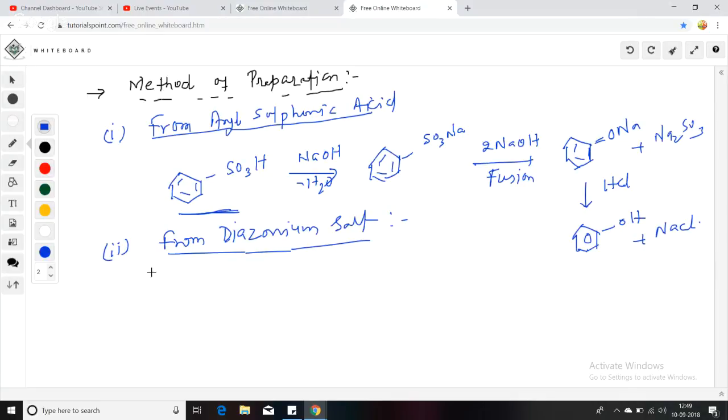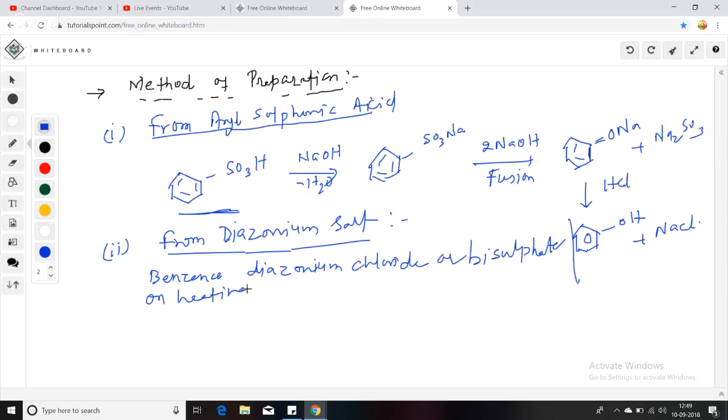So we can use benzene diazonium chloride or bisulfate, on heating with H2O gives phenol.